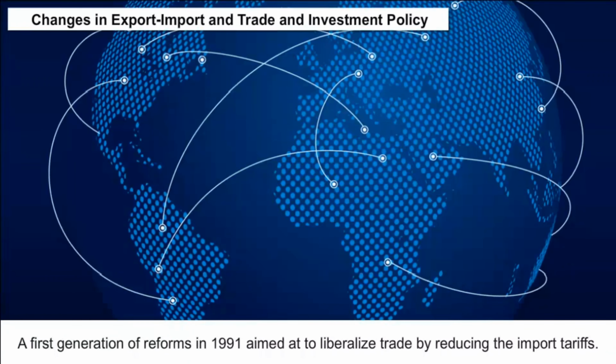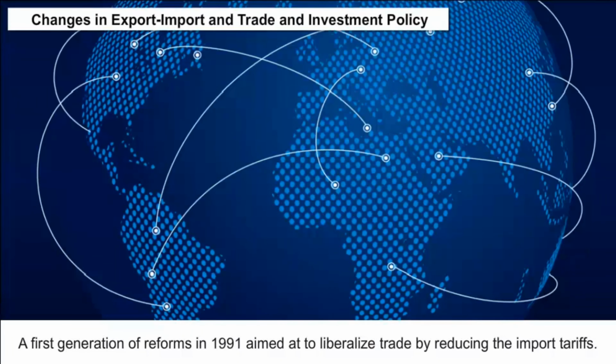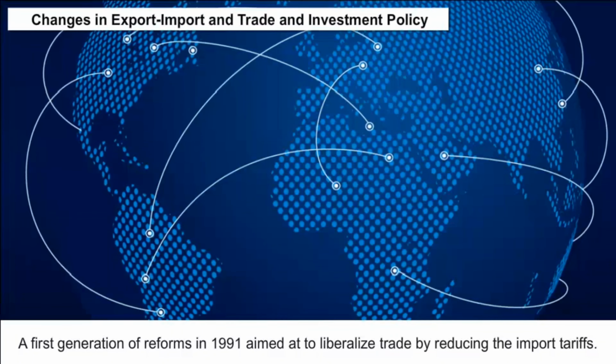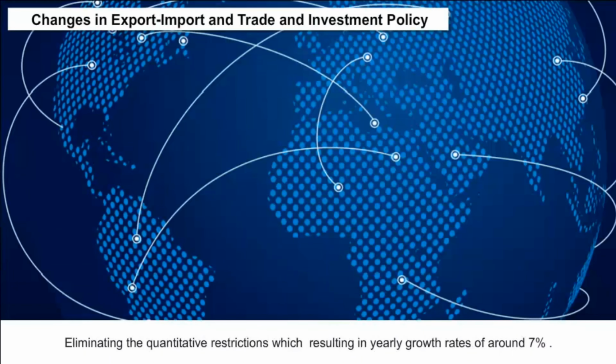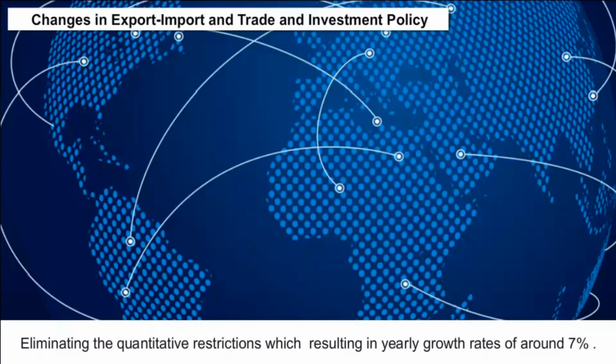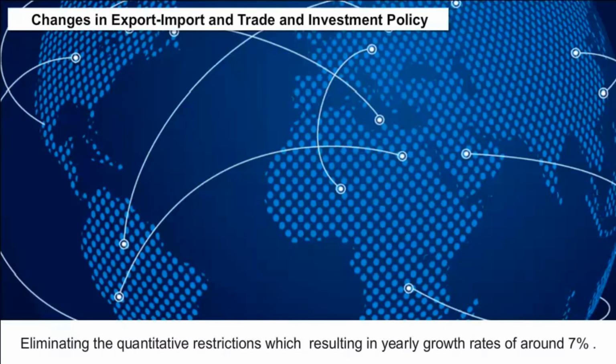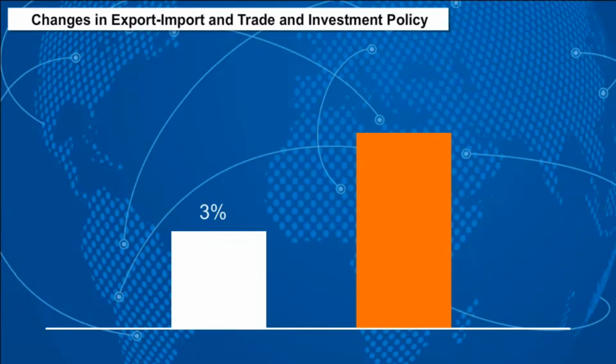First-generation reforms in 1991 aimed to liberalize trade by reducing import tariffs and eliminating quantitative restrictions, resulting in yearly growth rates of around 7% compared with 3% before the reforms.